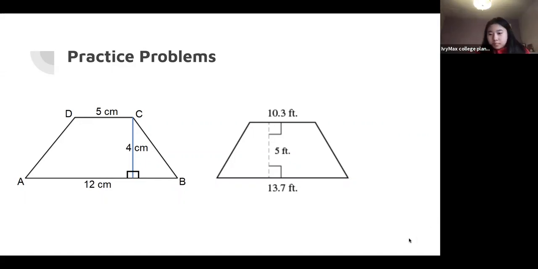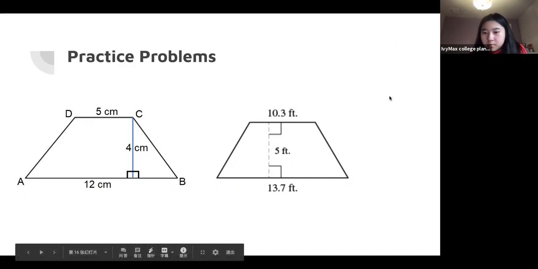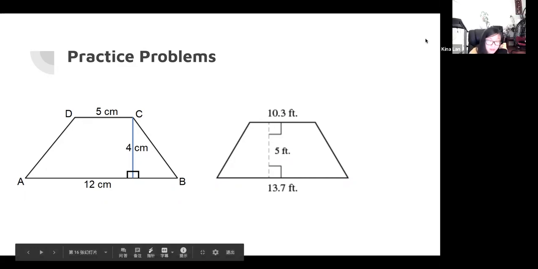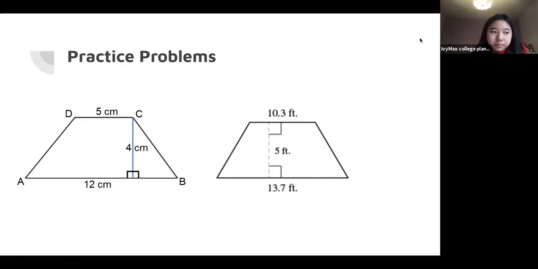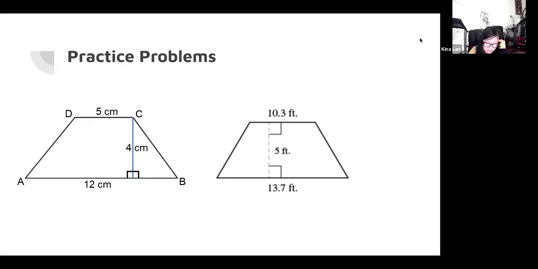So the area of a trapezoid would be the two bases added together, divided by 2, and then multiplied by the height. For this one, it would be 12 plus 5, which is 17, divided by 2, which is 8.5, and then you multiply that by the height, which is 4, and you get 34 centimeters squared.